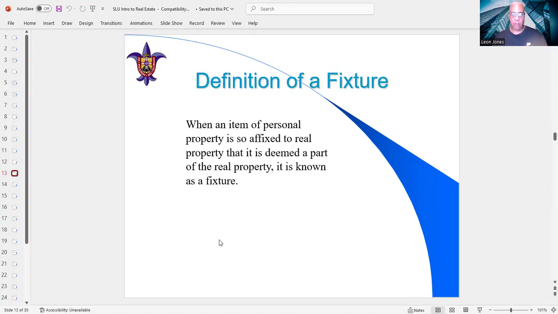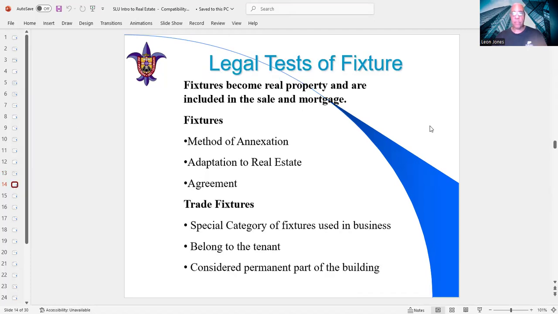Definition of a fixture. It's basically when an item of personal property is so affixed to real property that it is deemed a part of the real property. It is known as a fixture. And we have legal tests of fixture. So basically, a fixture becomes real property and it's included in the sale and mortgage.